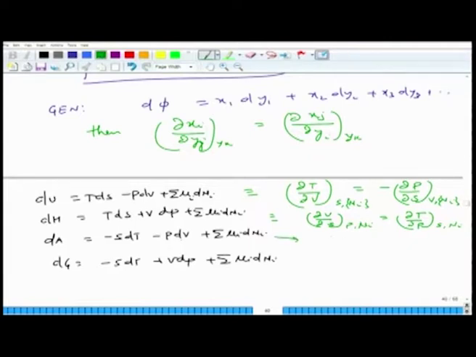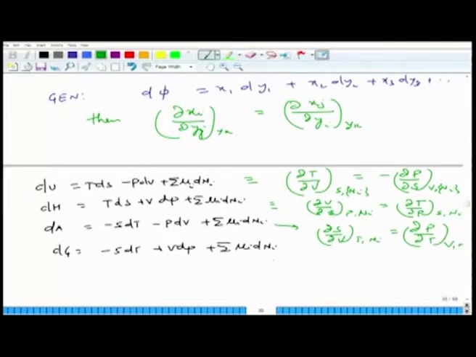Here we get more important terms. Here we get del S by del V at T and n_i is equal to del P by del T at V and n_i, and here we get minus del S by del P at T and n_i.